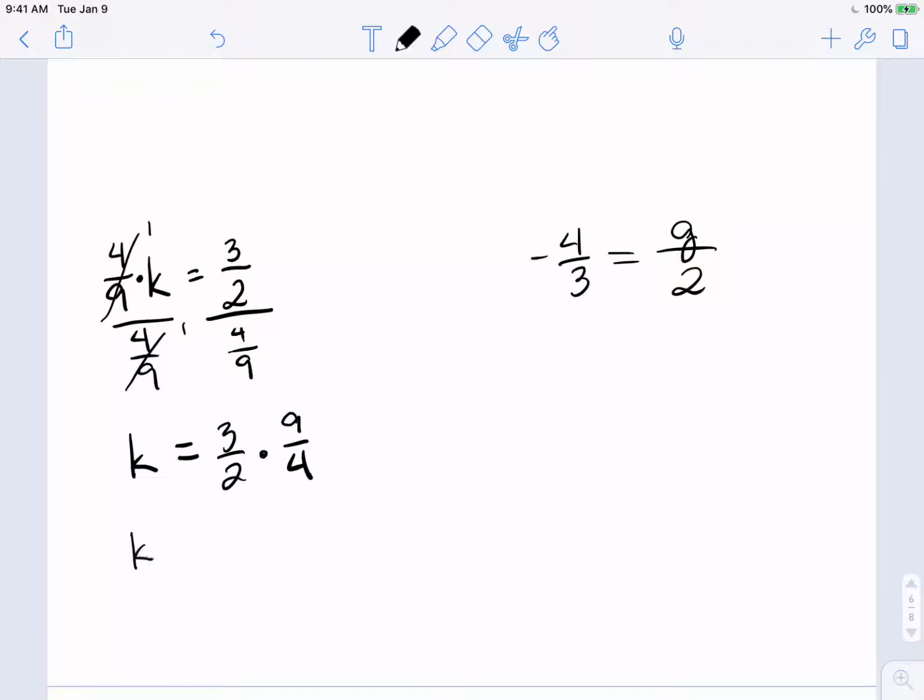So that means that k equals 3 times 9 is 27. So remember with multiplication, if you watch the multiplication of fractions Edpuzzle, you multiply the numerator by the numerator and the denominator by the denominator. So you're left with 27/8. And that's your answer.